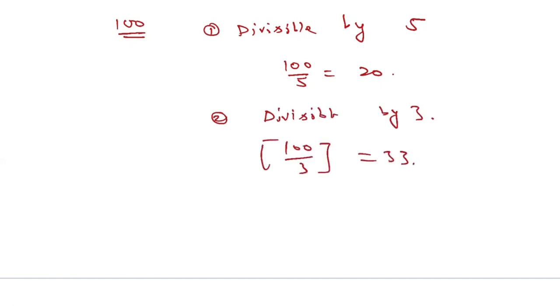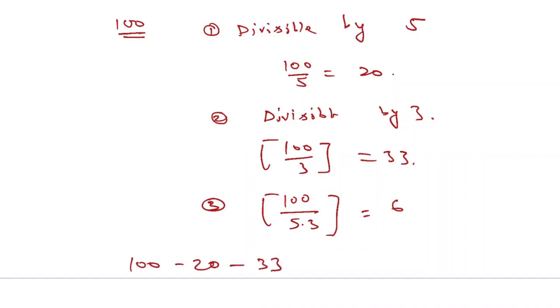But in this, both the cases are included when this is divisible by 5 as well as 3, right? The integral part of this is 6. So I'm saying that total is 100 minus subtracting the divisible by 5 cases minus subtracting the divisible by 3 cases. But when I'm subtracting the cases divisible by 5, this also includes divisible by 3. When I'm subtracting the cases divisible by 3, this also takes the case of divisible by 5.